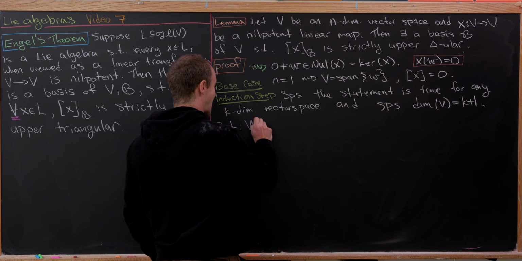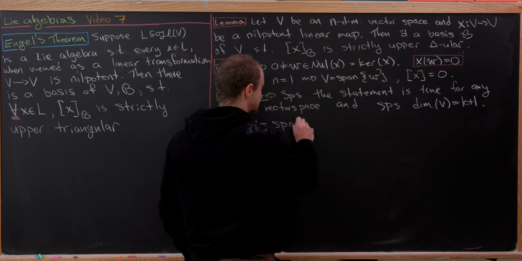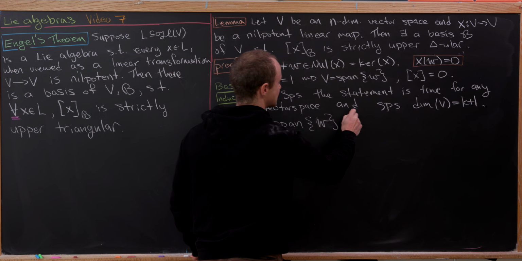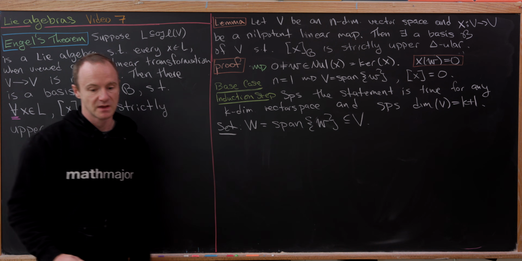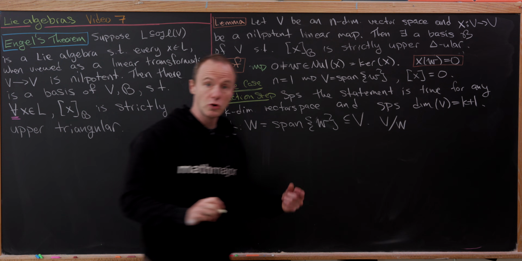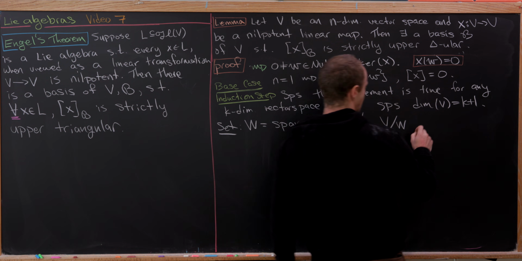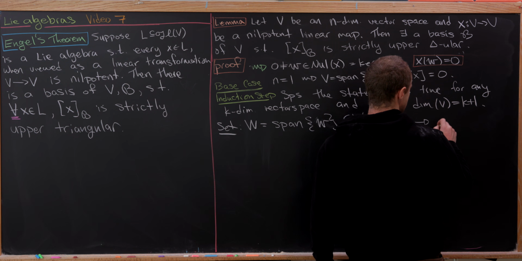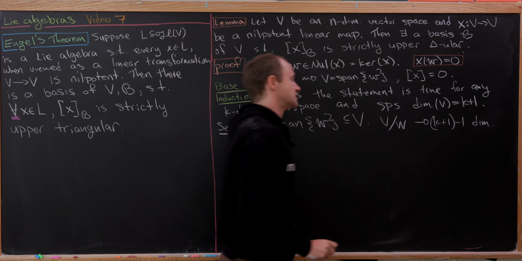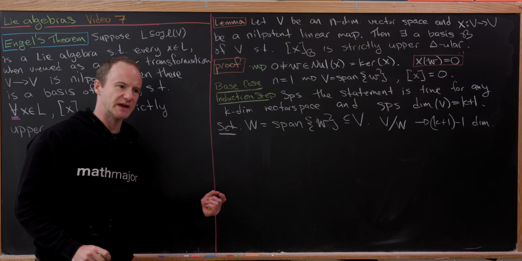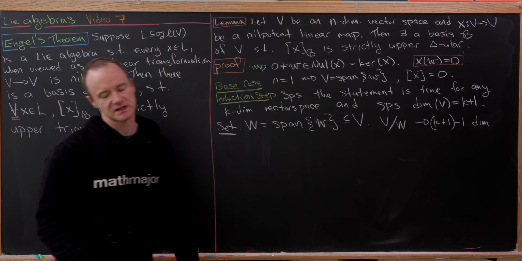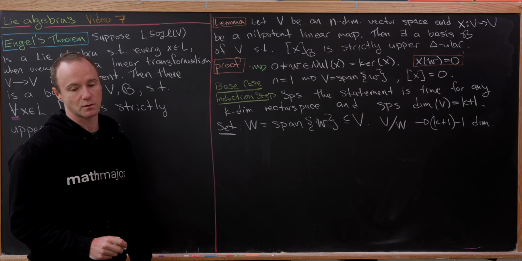Let's set capital W equal to the span of little w. This is a one-dimensional vector subspace of V. Then note that V mod W, a quotient vector space, is k-dimensional, since it's k plus 1 minus 1 dimensional. That's because a quotient vector space has the dimension of the top part minus the dimension of the subspace.